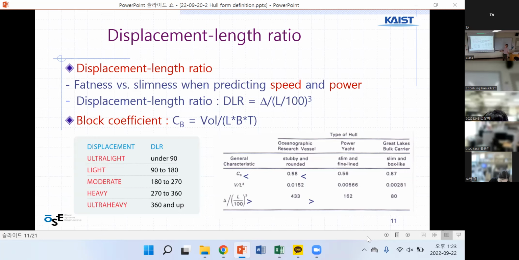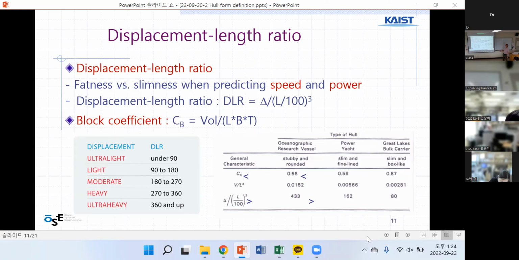So it is very similar to the block coefficient. See, the volume is the same, but L, B, T becomes L, L, L. So it is similar to the block coefficient. Now it comes with ultralight, heavy, and ultra heavy displacement. The displacement-length ratio increases like this.